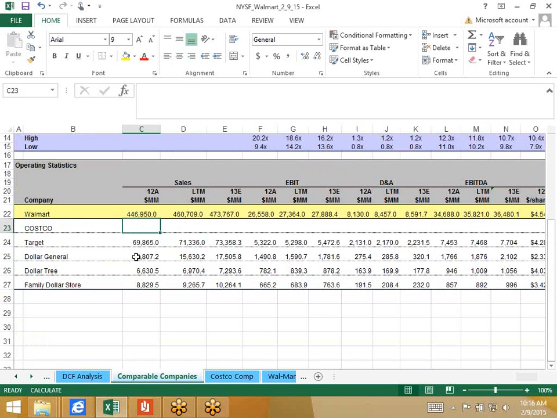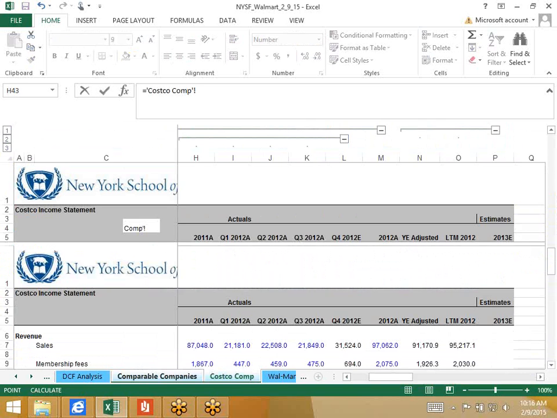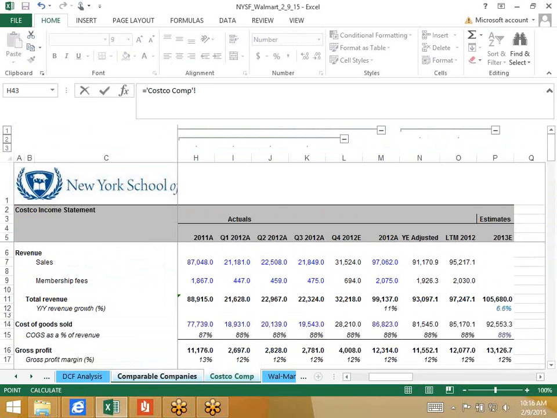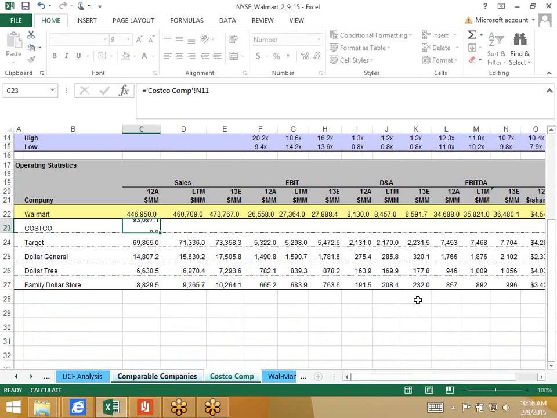So Costco, we have sales, EBIT, D&A, EBITDA. For the sales, I'm going to pull in 2012 sales from the Costco comp. Even if you don't have all these numbers tied in, still link in the sales. And when I say 2012, I'm talking year-end adjusted, in line with Walmart's 2012 year-end date of January 31st, 2012.